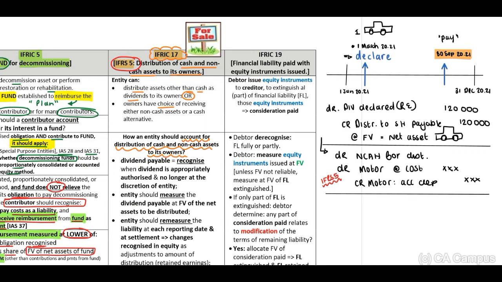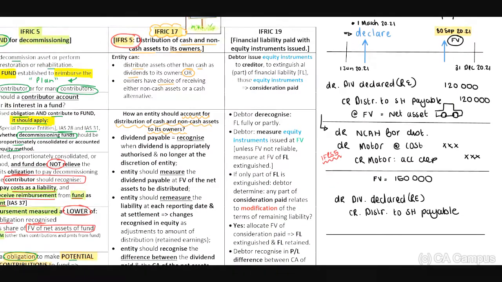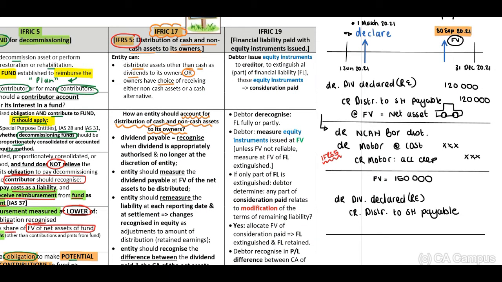Now, IFRIC 17 indicates to us that we first have to remeasure this asset at fair value. Therefore, if we now identify on 30 September that the fair value of this asset will now be 150,000, we will have to debit the dividend declared and credit our distribution for shareholders.